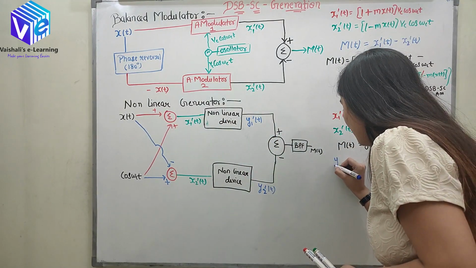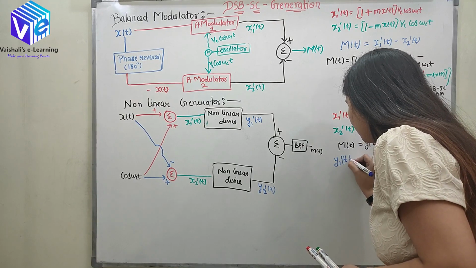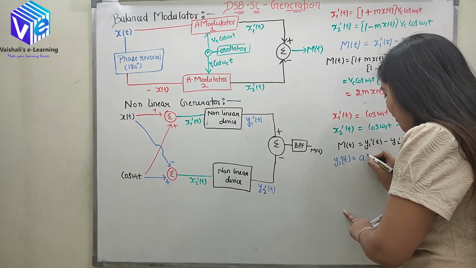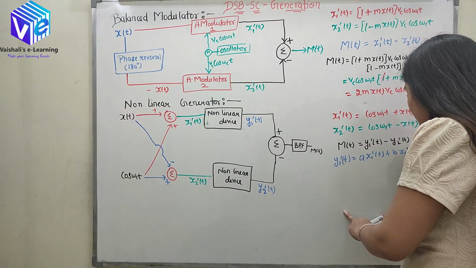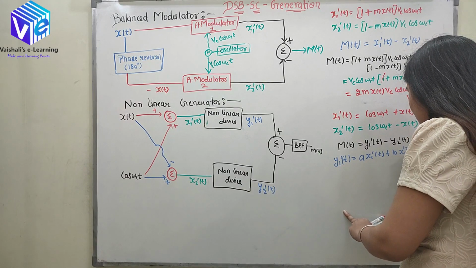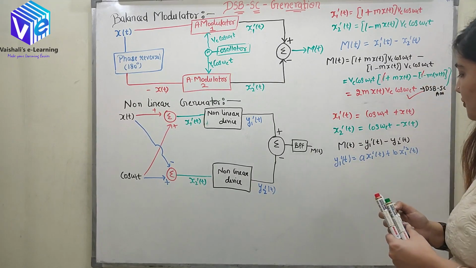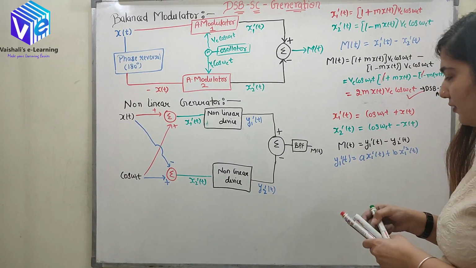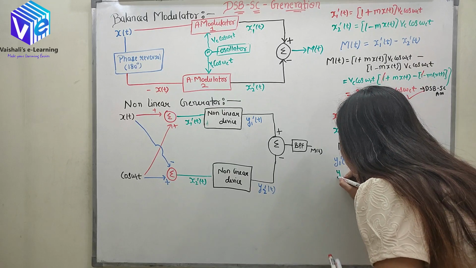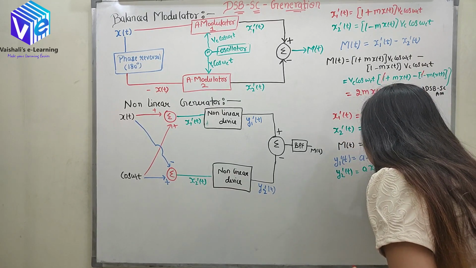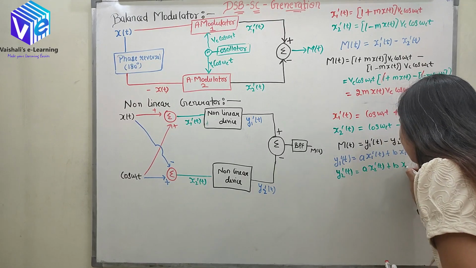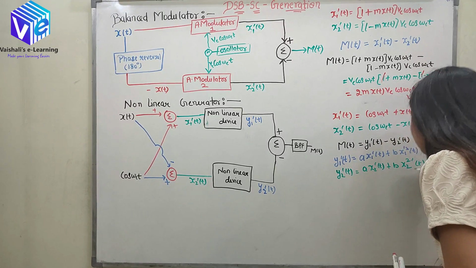So y1 dash t would be equal to a of x1 dash t plus b of x1 dash square of t. I can find out y2 dash t as well. It is also equal to a of x2 dash t plus b of x2 dash square of t.